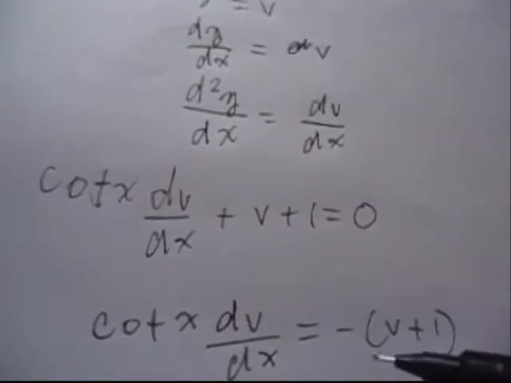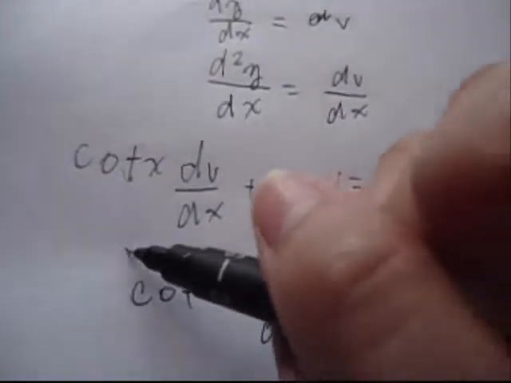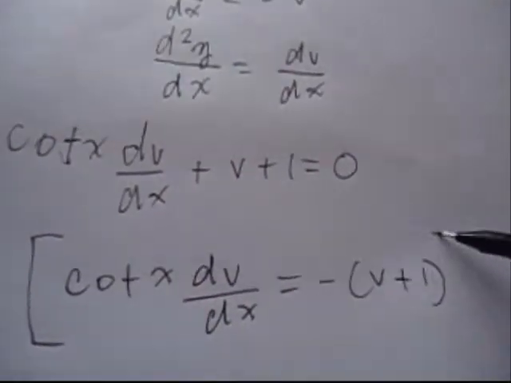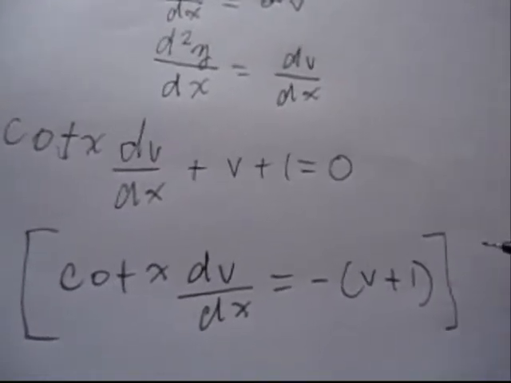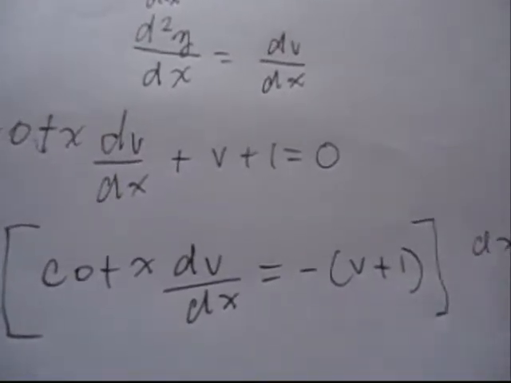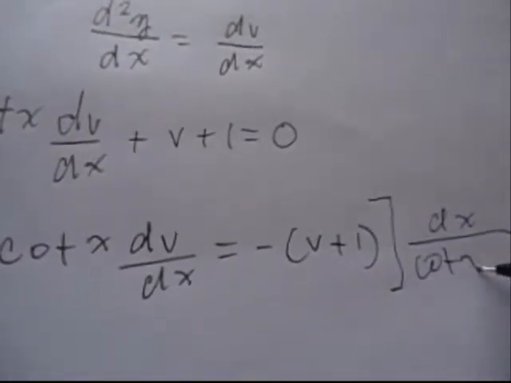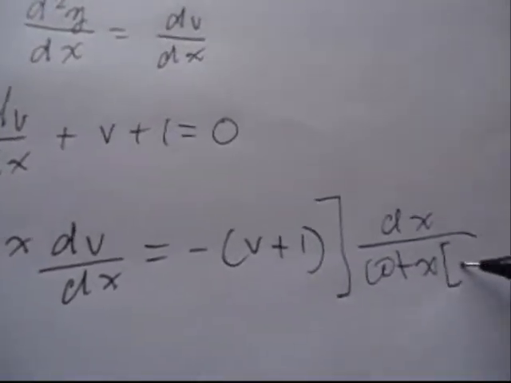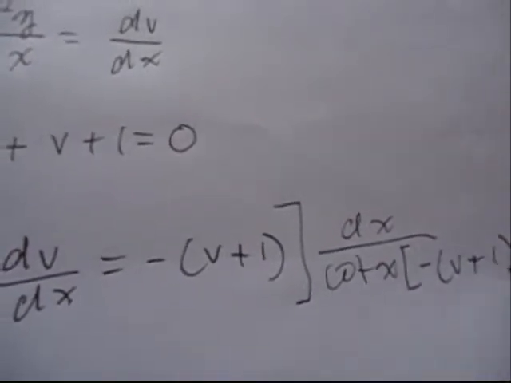As you notice, we have a separable differential equation here, so we can just multiply both sides of the equation by dx and divide it by cotangent x and times negative v plus 1.